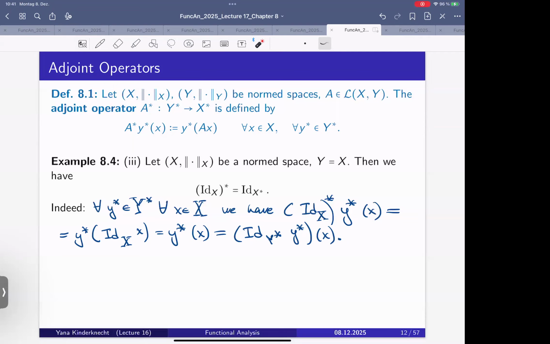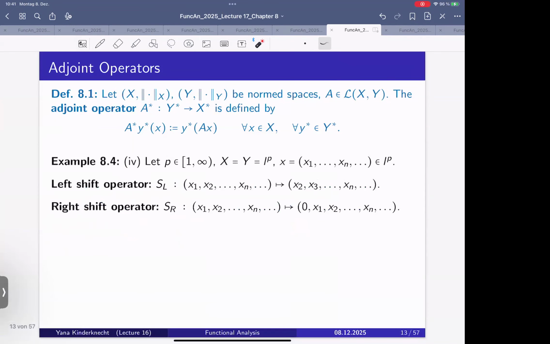So let us go further and consider one more example. Example 4. Now p is from 1 to infinity, without infinity. X is equal to Y and is equal to the LP space of sequences, and x is just an element of LP. So these are the coordinates of this sequence in LP.